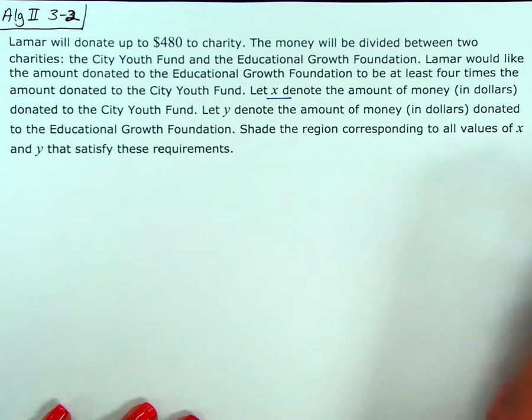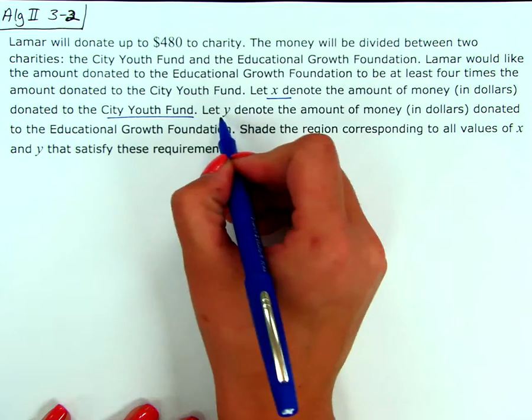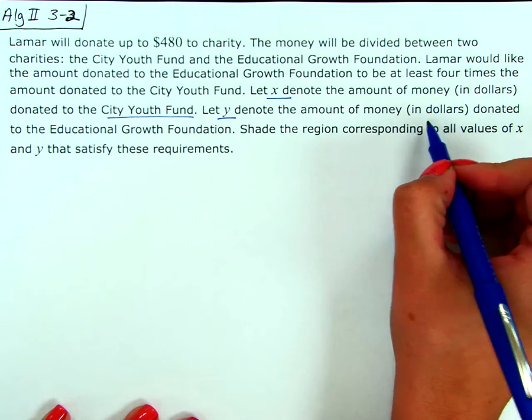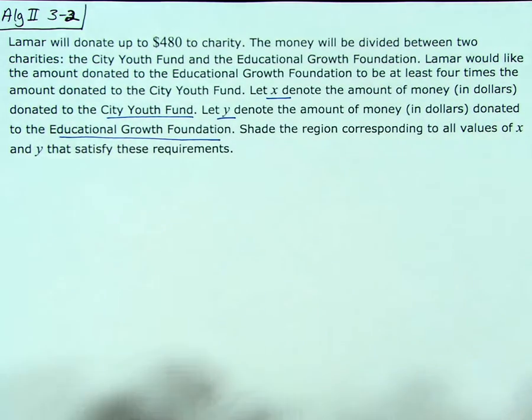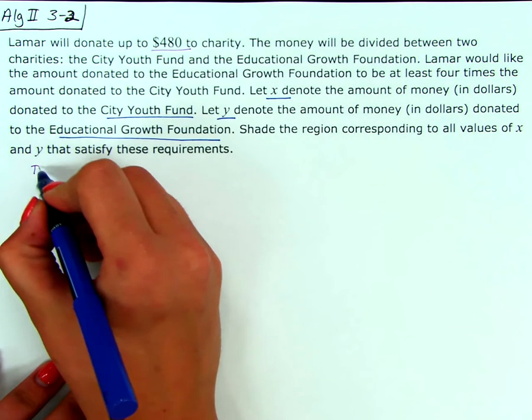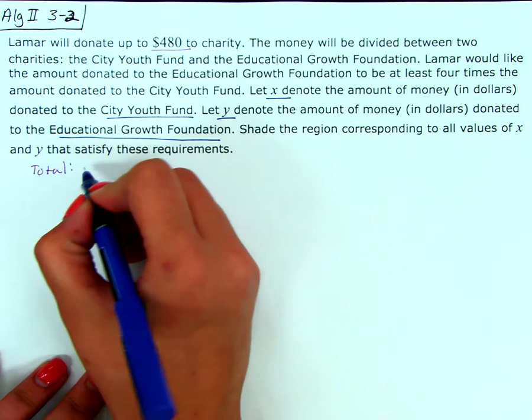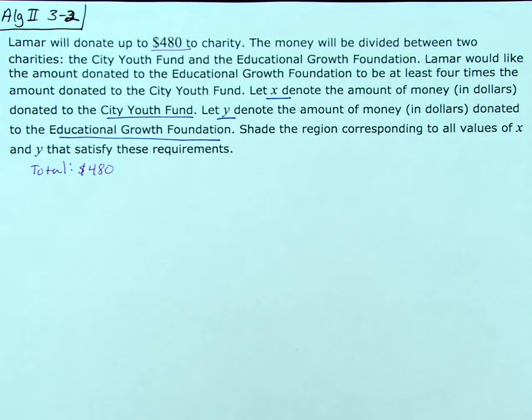So X is going to be the amount of money for our City Youth Fund, and then Y is the amount of money that goes to our Educational Growth Foundation. So we're going to write down all of our numbers that matter and what they mean. So this 480, that's our total. So we have a total of $480 to spend between the two different charities.